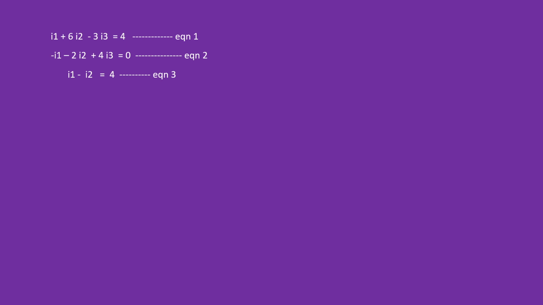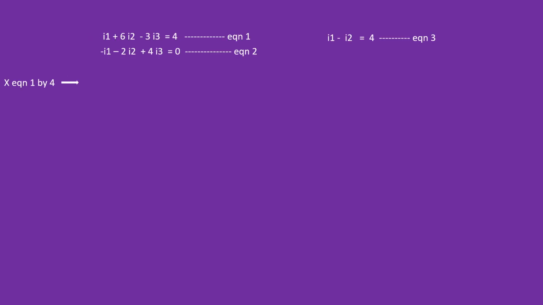So now we have all three required equations: equation 1, 2 and 3. If you look at equation number 3, it consists of only 2 variables, but equations 1 and 2 consist of 3 variables. So I3 is the extra one, and we try to eliminate this I3 variable. We are going to use the elimination method.